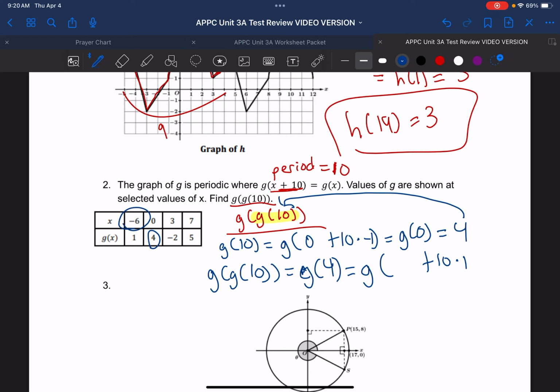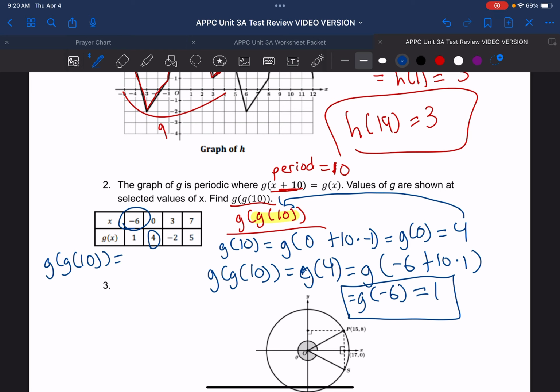And then add negative 6, because negative 6 plus 10 is 4. So this is the same thing as g of negative 6, which is 1. Sorry for that little mistake there. Okay, so to rewrite it fully, g of g of 10 is 1.